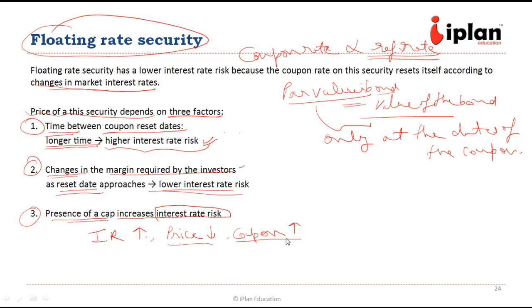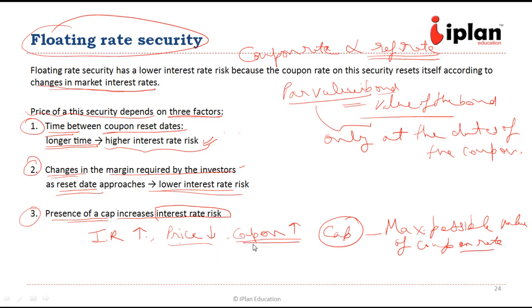But if there is a cap, that is the maximum possible value of the coupon rate, then our coupon rate will not rise beyond this cap. So that is why that interest rate risk will be there. That is how the presence of a cap will increase the interest rate risk.